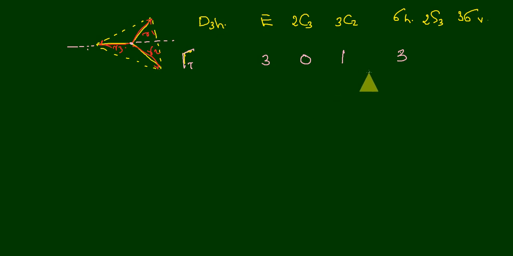And what about the S3 operation? S3 actually coincides with the C3 here. Whatever C3 axis we considered, that is the S3 axis itself. But the operations are different. C3 is just a 120-degree rotation. S3 is not like that. We rotate by 120 degrees, then we make a reflection about the plane perpendicular to the axis of rotation. So in S3, R3 will come in place of R1, and then it is reflected about sigma h.